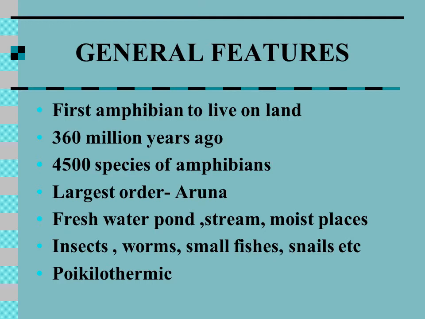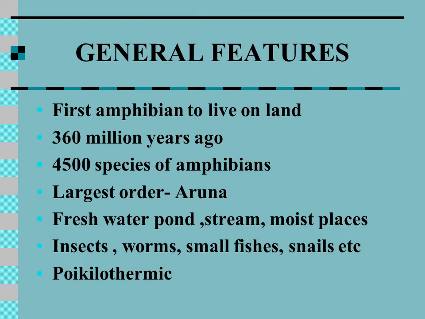The frog is the first amphibian to live on land. There are several amphibians, even though the speciality of the frog is that it is one of the first amphibians to survive on land. Its origin is 360 million years ago.